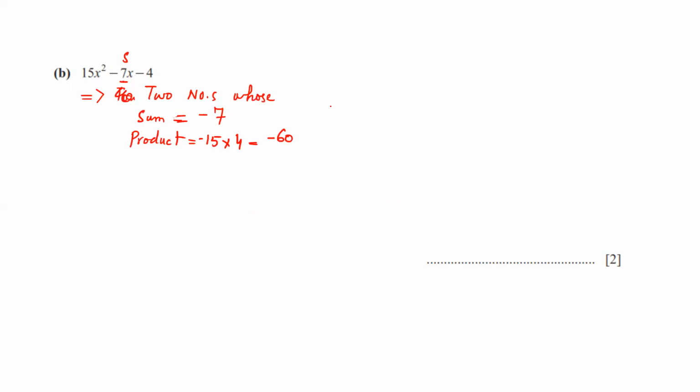So find these two numbers that when multiplied give minus 60, and when they are added they give minus 7.